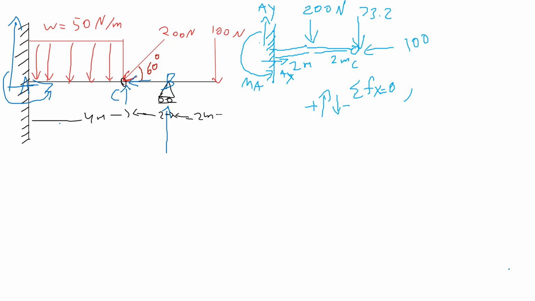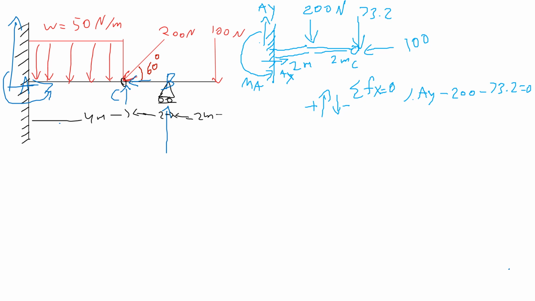Okay, what do I have? I have AY minus 200 minus 73 minus 73.2 equal 0.